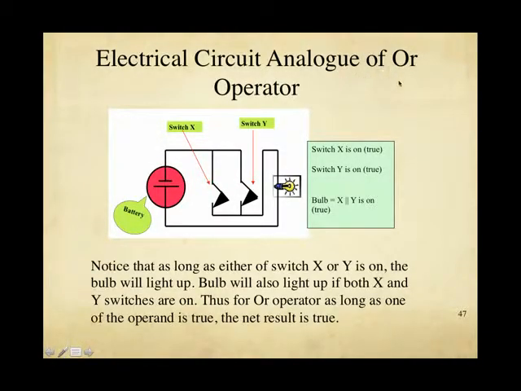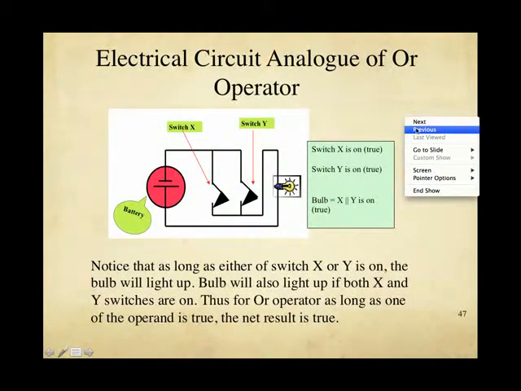So this is the electrical analog of the OR operator. This time switches are shown in parallel.